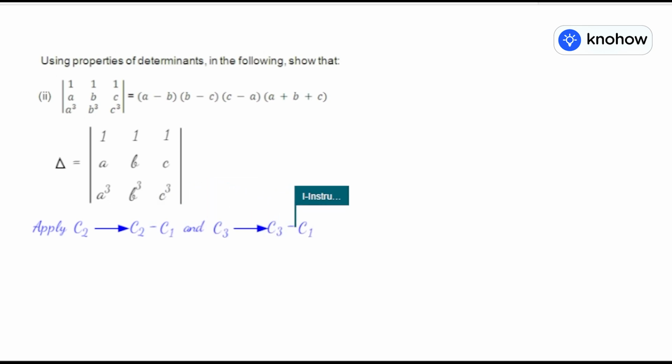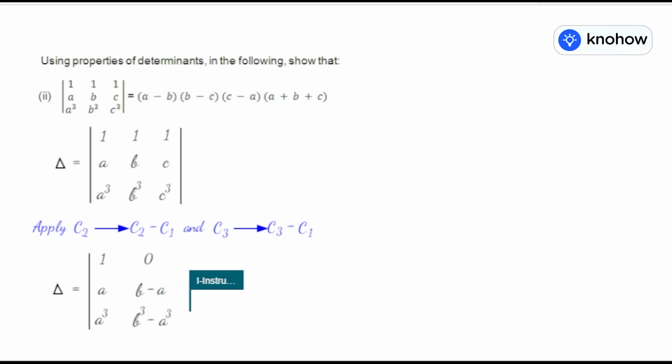So your determinant will become, column 1 will remain the same, 1, A, A cube. Applying C2 minus C1 you get 0, B minus A, and B cube minus A cube. And taking C3 minus C1 you get 0, C minus A, C cube minus A cube.